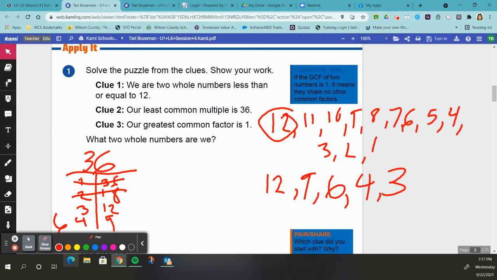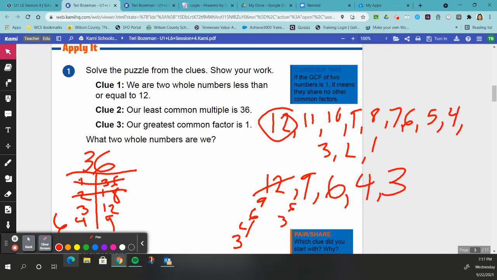Well, 12 shares a factor with 9, it shares a factor with 6, it shares a factor with 4 and with 3. 9 shares a factor with 6 and 3.